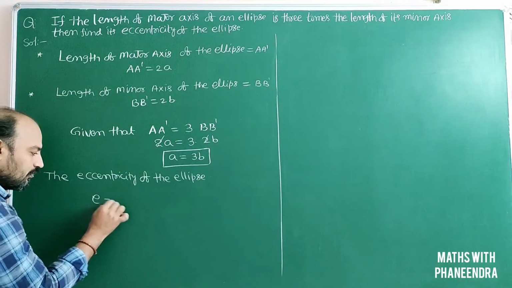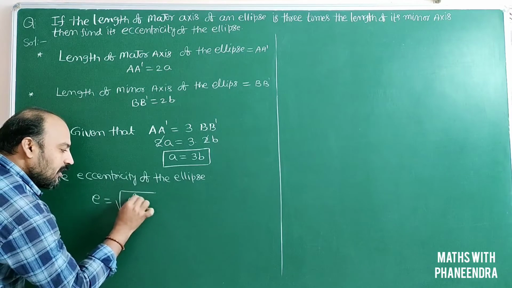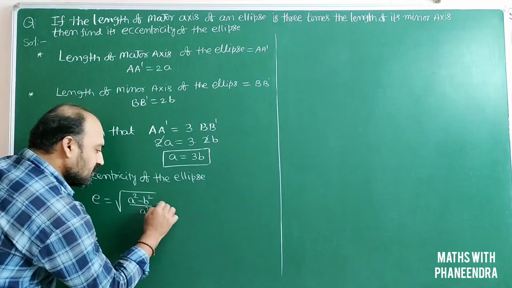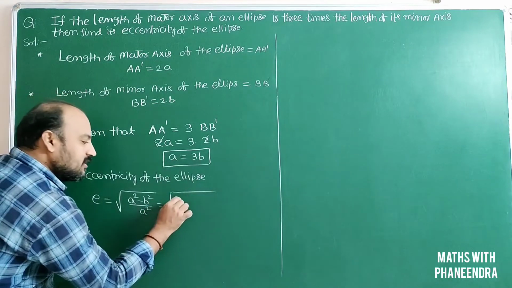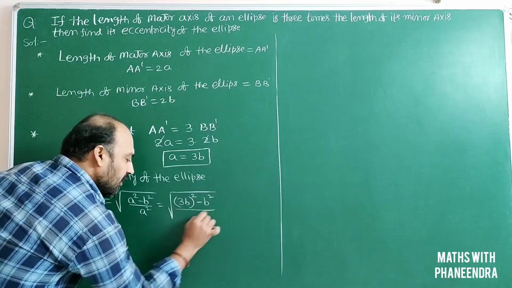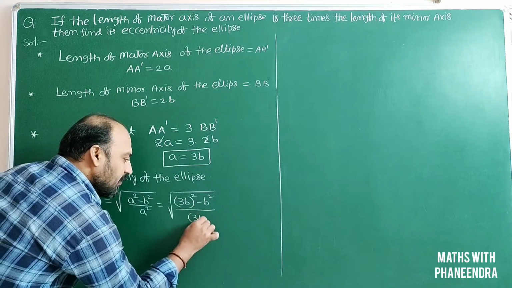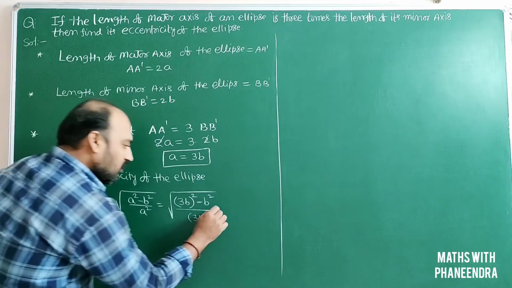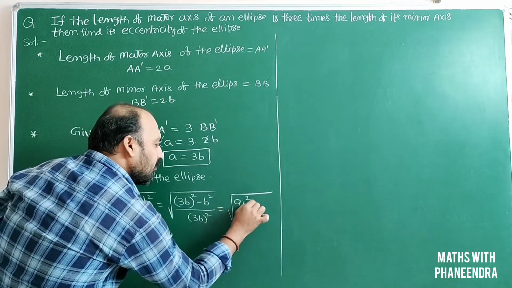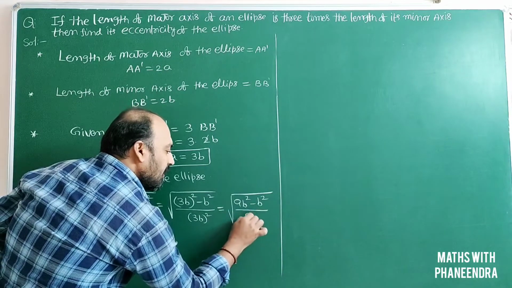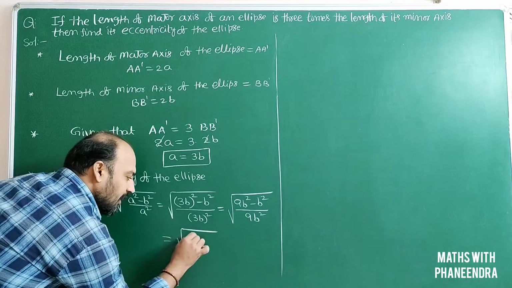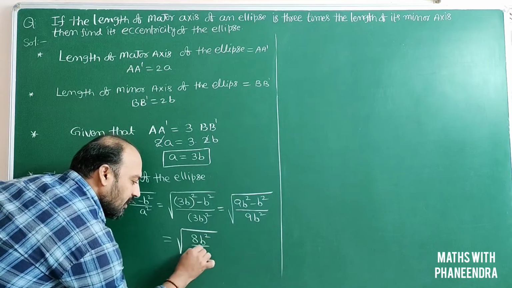The eccentricity of the ellipse is equal to square root of a square minus b square by a square, which is equal to square root of 3b whole square minus b square divided by 3b whole square, which is equal to square root of 9b square minus b square divided by 9b square, which is equal to square root of 8b square by 9b square.